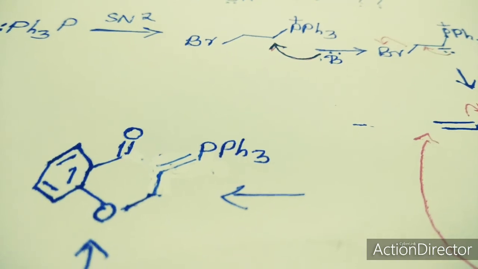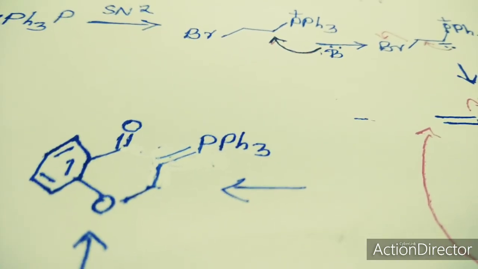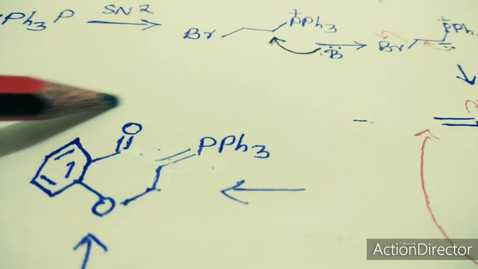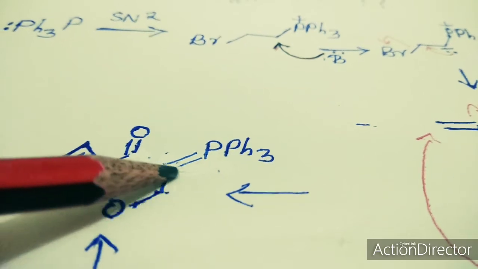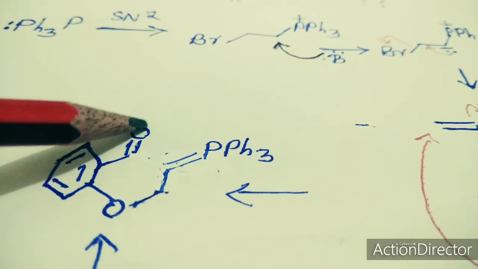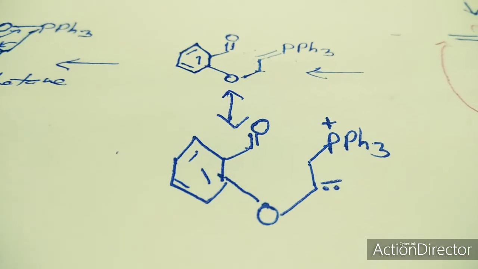After this, oxygen will be O negative, and this is phosphorus. This bond moves over here with this carbon, and as a result of this, a cyclic ring will be formed.